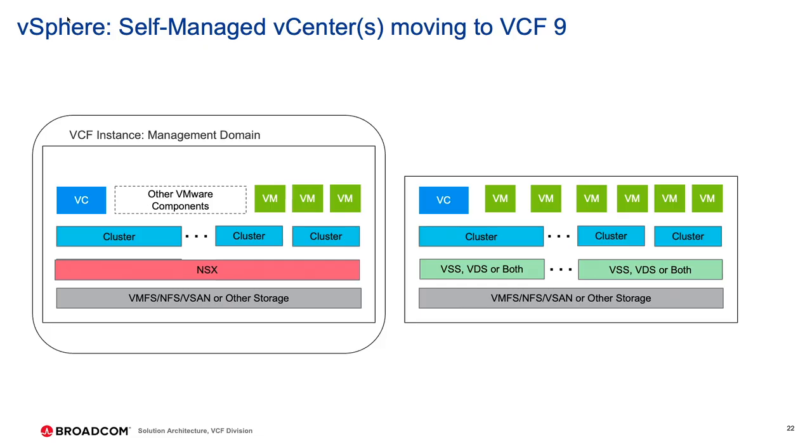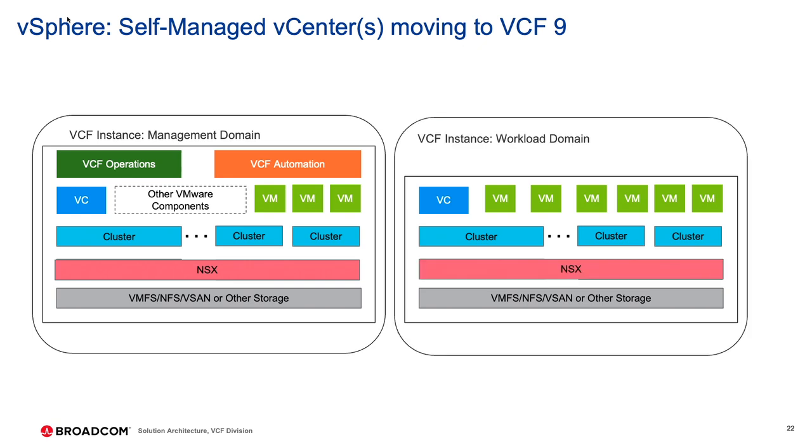So that's the first thing that happens. In addition to that, it goes ahead and deploys VCF operations and VCF automation. This is only done once for a fleet, and this is where you have created your management domain. For your other vCenters that exist, you can bring them in as a workload domain, and NSX comes along with that as well.